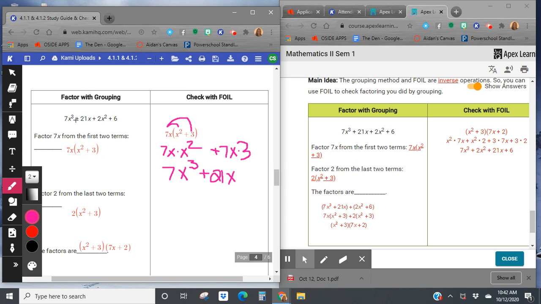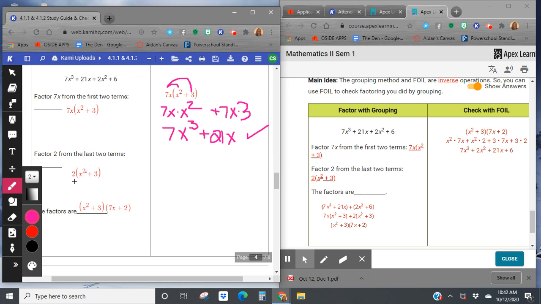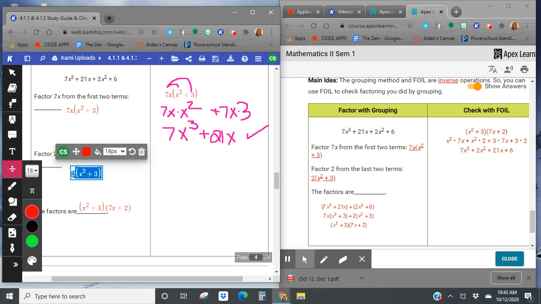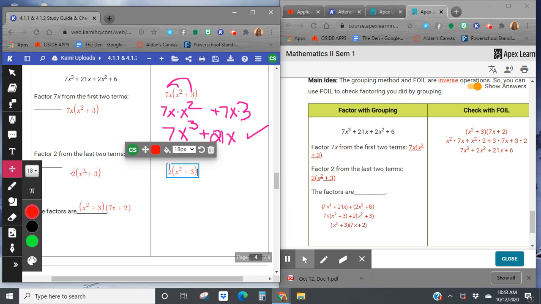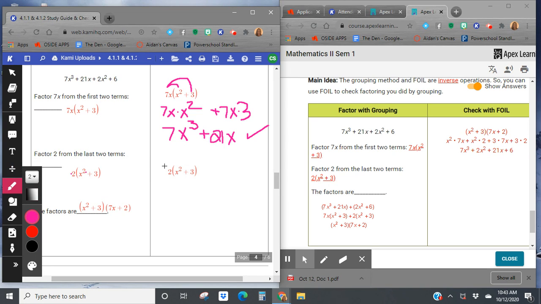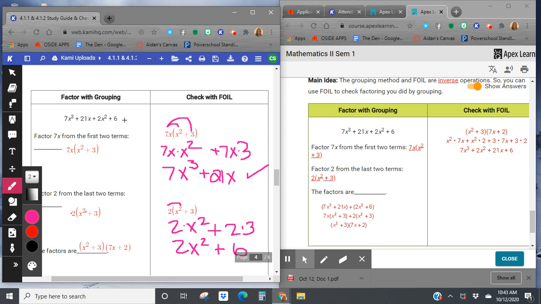So if I look back to what I originally started with, that works. Same thing here. But if I double check this by foiling, it's going to be 2 times x squared plus 2 times 3, and that gives me 2x squared plus 6. And I look back at the original that I started with, and that's what I started with.